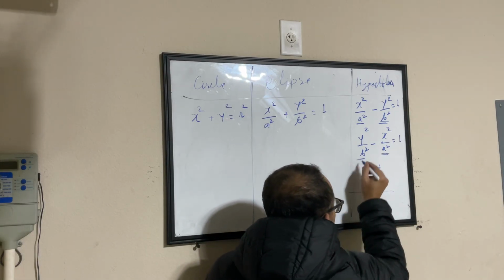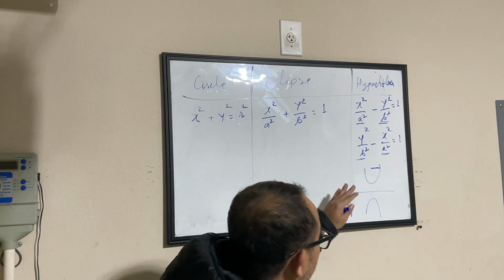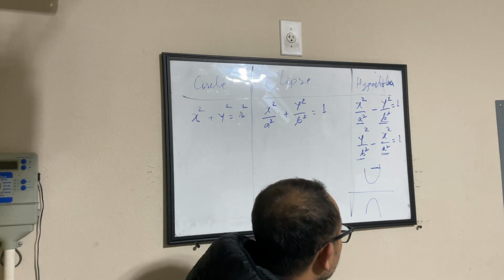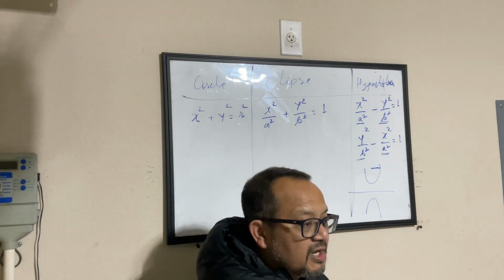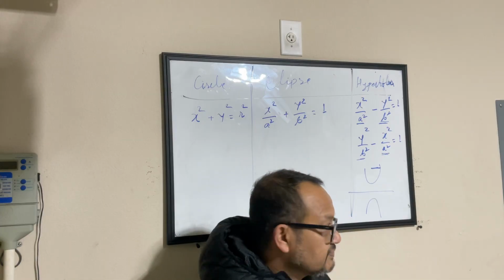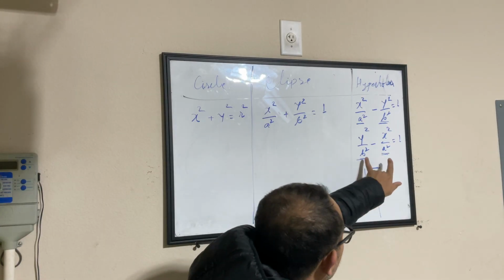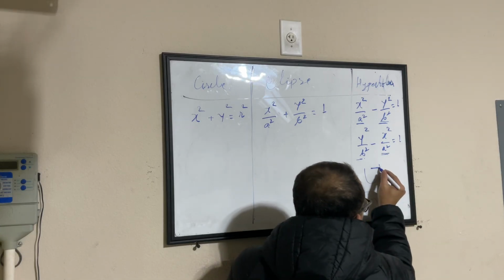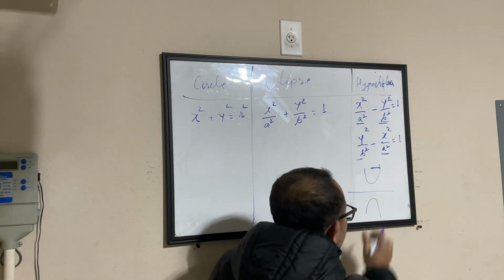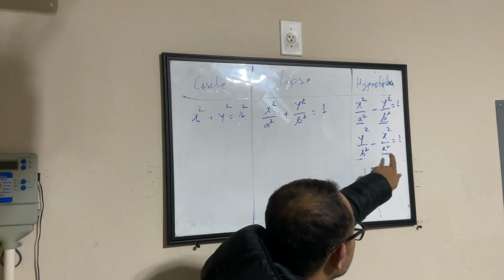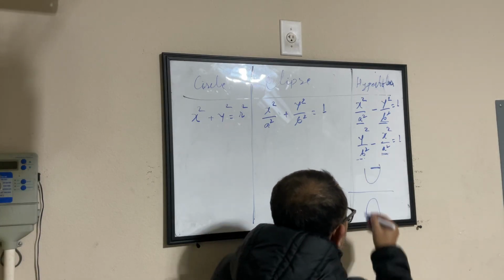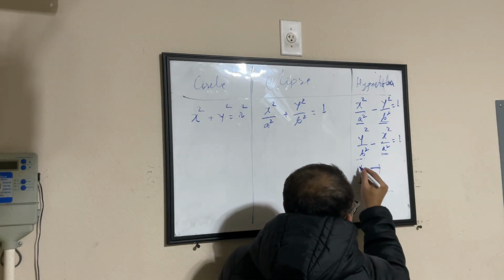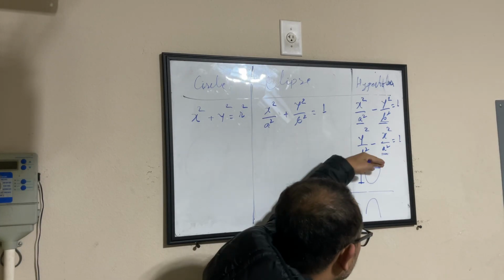B is my radius along the y-axis. And again, by looking at this one, you would not be able to appreciate what I mean by radius. We'll probably use a different term for this one, but I'm just trying to relate that with what you're seeing here. So this tells you the symmetric width along the x-axis, which is your A. B is nothing but your symmetric width along the y-axis from the center.